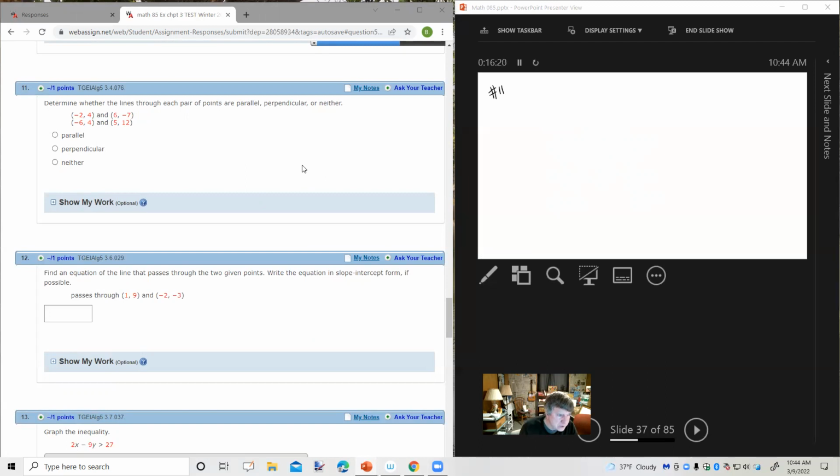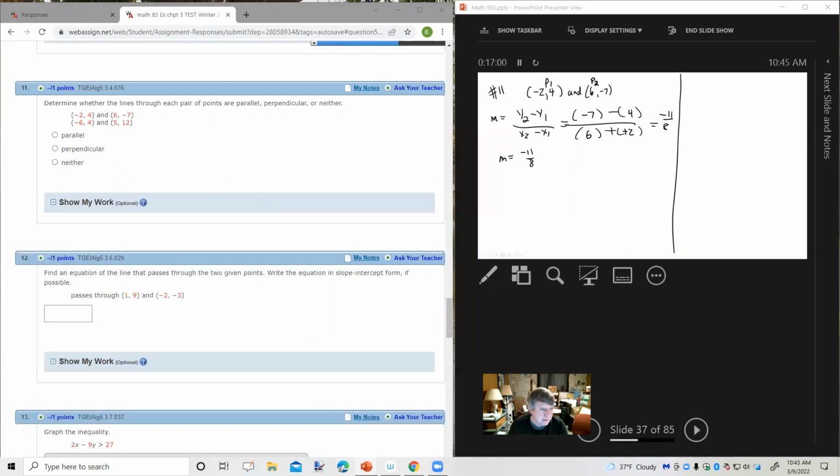So let's take the first set of ordered pairs, (-2, 4) and (6, -7), and find the slope. We'll call them point 1 and point 2. So we get y sub 2 minus y sub 1 over x sub 2 minus x sub 1. Y sub 2 is -7, y sub 1 is 4, x sub 2 is 6, x sub 1 is -2. We get -11 over 8. So the first slope is -11/8.